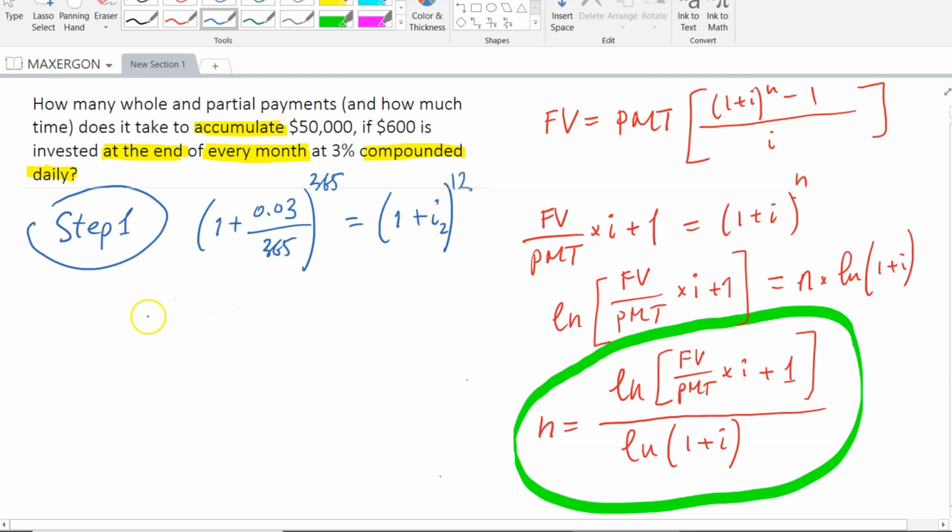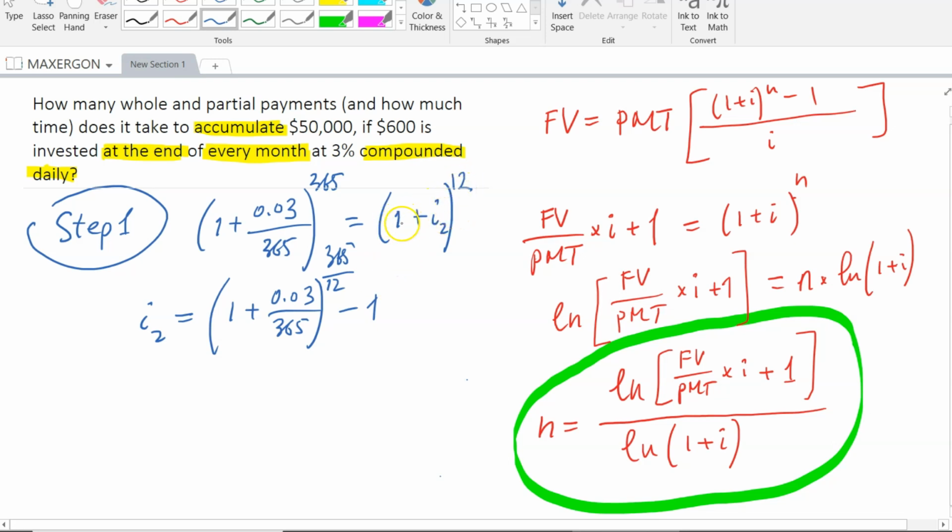From here, we'll find, using algebra, I2. We used the reciprocal exponent to exponent 12 to get rid of this exponent 12. So we divided 365 by 12. Here we divided 12 by 12. That's why the exponent became 1. And we got rid of this exponent.